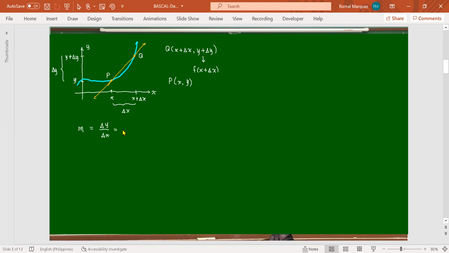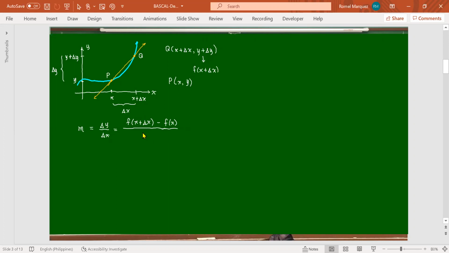If you replace delta y by its equivalent difference, what is our x sub 2, y sub 2? Our y sub 2 is f of x plus delta x, and our y sub 1 is y, which is f of x.